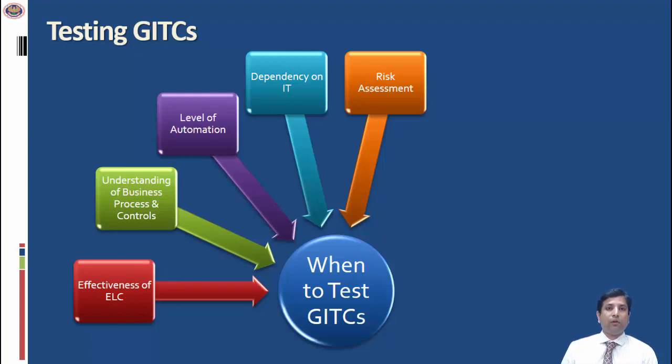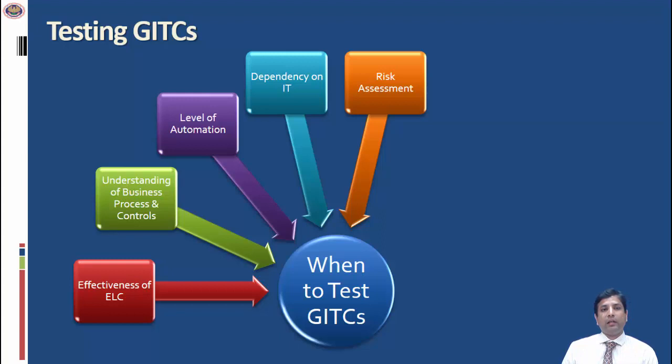Typically, this is the rating that we follow when assessing the risks. If we believe that there are several controls in IT which are high risk, or if we believe there are several controls which are automated or IT dependent which fall into the high level of risk, then it is likely that we may want to test our ITGCs earlier in the audit rather than later.